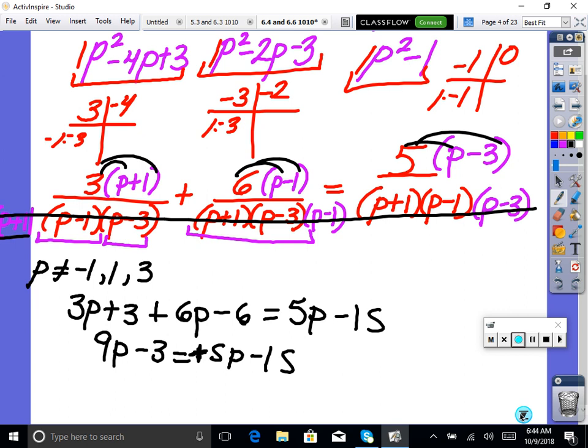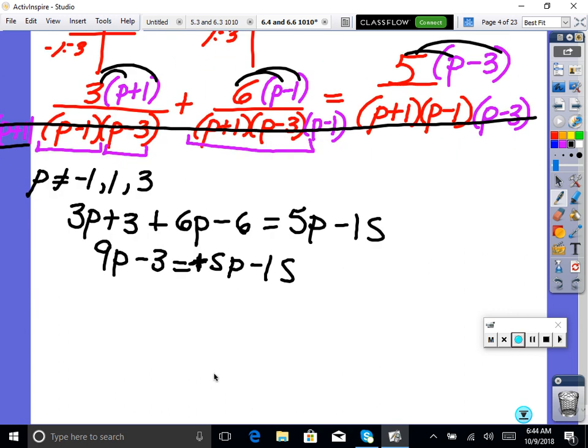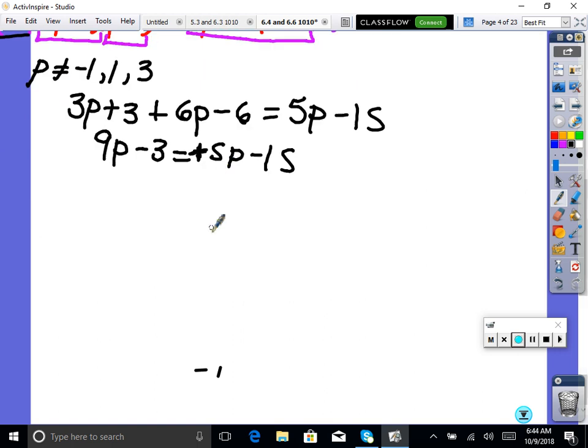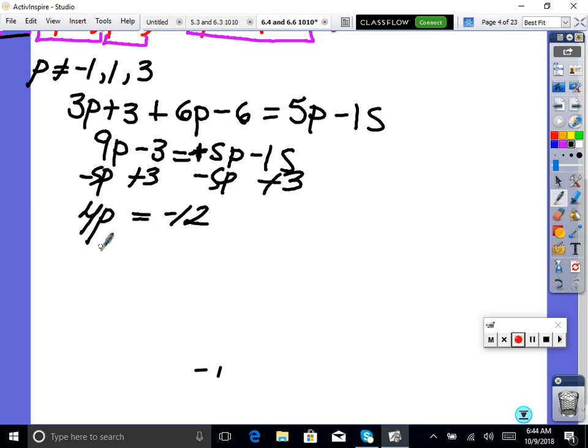So you'd subtract 5p over. Subtract 5p, subtract 5p. So then you have 4p. And then we'd add 3, wouldn't we? Negative 12, so therefore p equals negative 3. Was that a restriction? No, so we've done it right. And we don't have to throw it out.